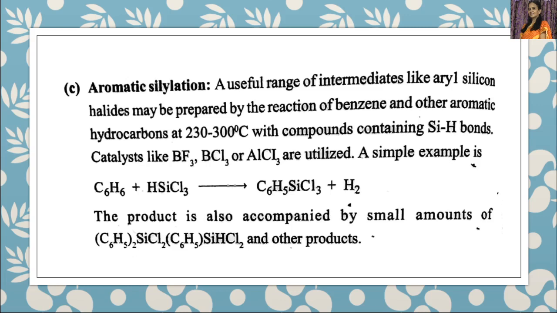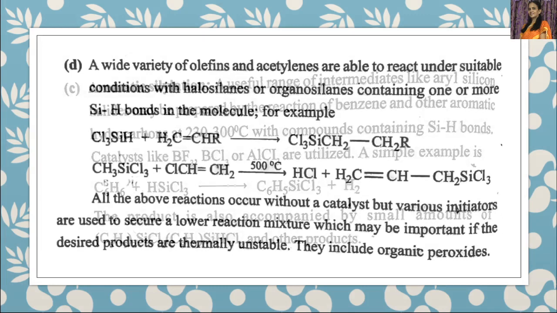From this compound, one chlorine is replaced, and this phenyl group is attached. Then we will get this particular compound. This is aryl chlorosilane, monoaryl or diaryl, diphenyl in particular. So this is aromatic silylation. These are the intermediates produced in this reaction, which can also be used for the preparation of silicones.